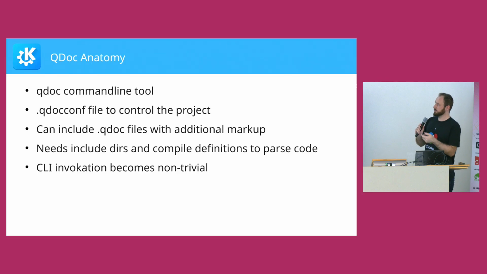So invoking QDoc on the command line can get rather complex very fast, to the point that you can't sensibly do it by hand. So what we really need is something that knows how to build your project, knows about all the include paths, compile definitions, dependency locations, and so on. Fortunately for us, we have that thing. That's right, I'm talking about CMake.